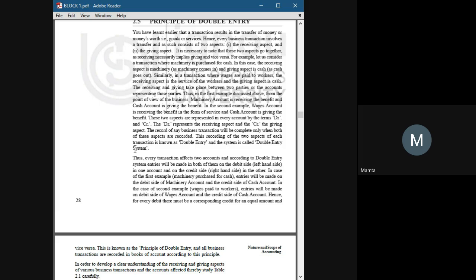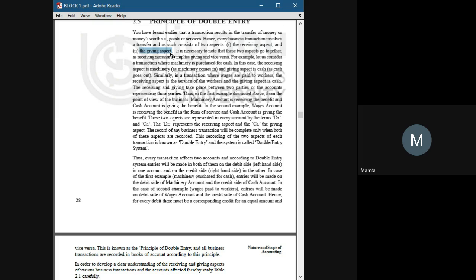When we purchase anything, such as raw material, it gives two effects. Basically, it is a receiving and giving aspect. One thing you are giving and another thing you are receiving.